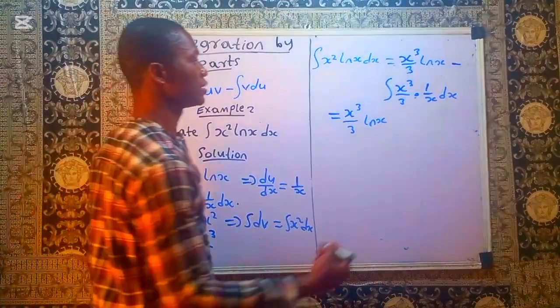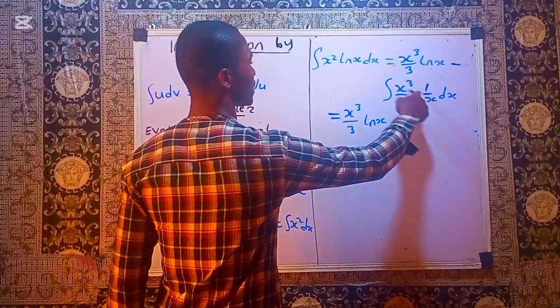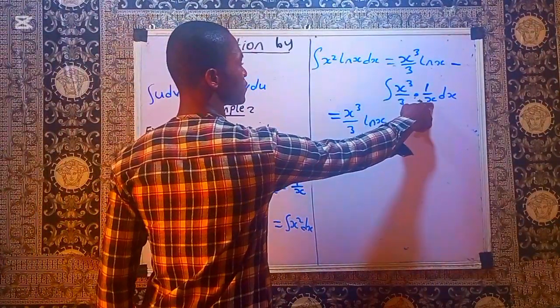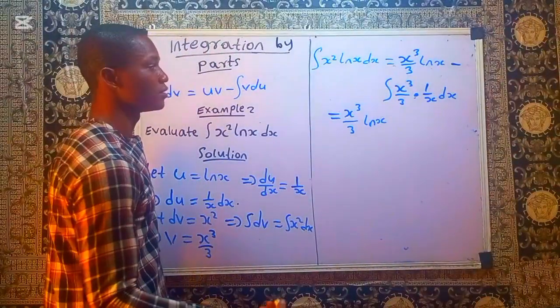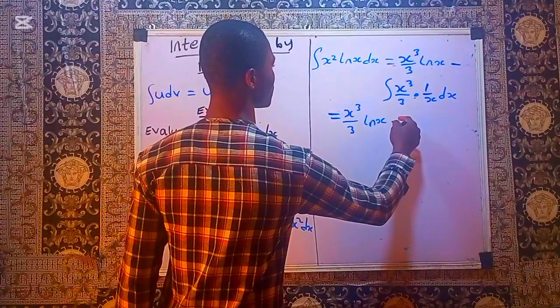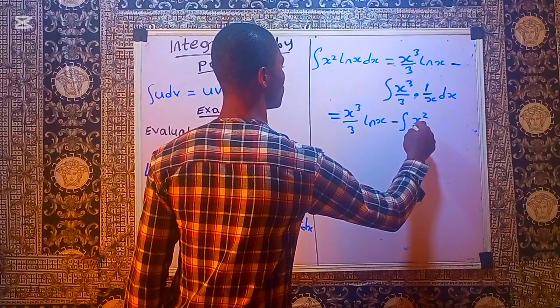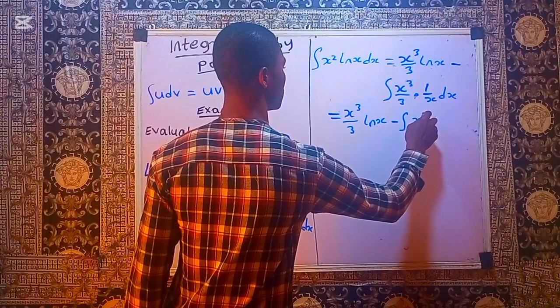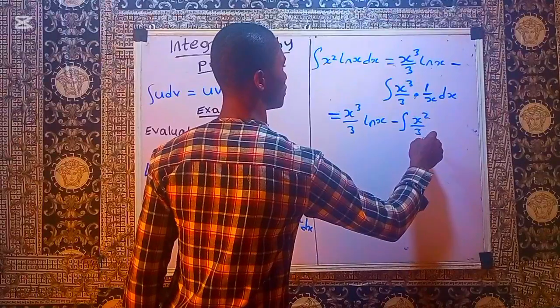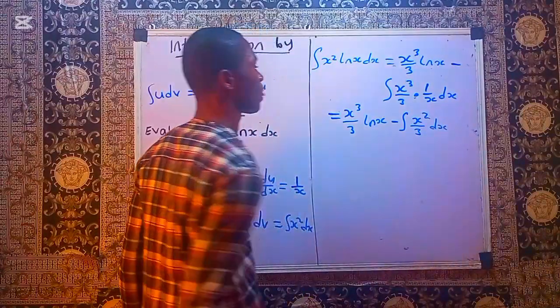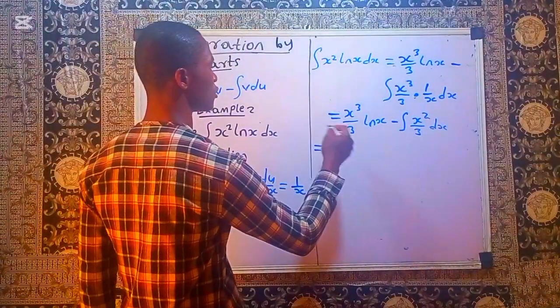Then easily x will cancel, x will divide x raised to power 3, reducing this to what? x raised to power 2. So we have minus the integral of x raised to power 2 over 3 dx. So we can continue integration.